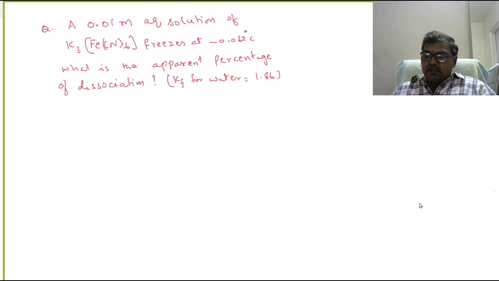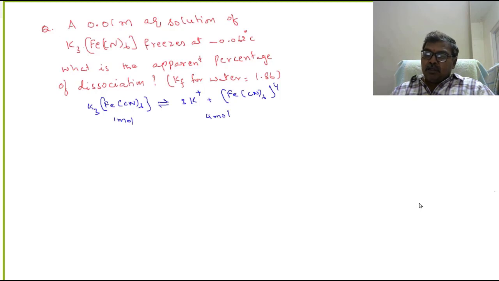Now see, K3FeCN6 ionized as 3K plus and FeCN6 4 minus. So 1 mole of this salt gives 4 moles of ions in the solution. Now, percentage of dissociation we have to find out.